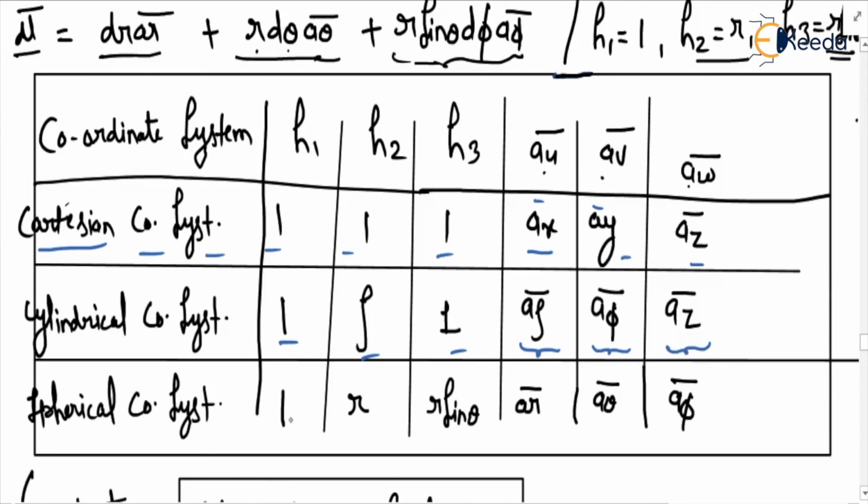In the spherical coordinate system, H1 is 1, H2 is r, and H3 is r sin theta, and the unit vectors are ar, a theta, and a phi, for coordinates r, theta, phi; rho, phi, z; and x, y, z.